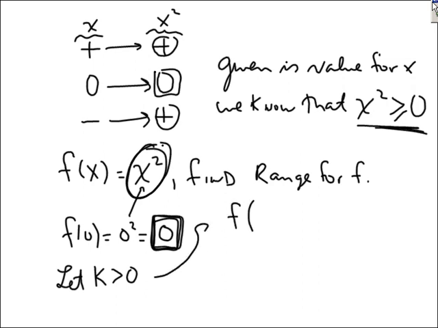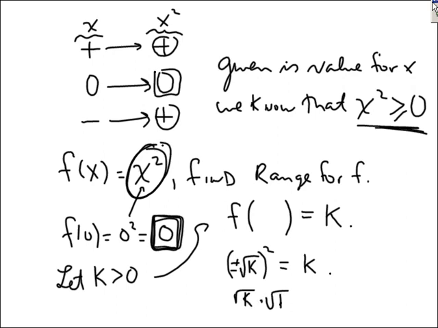Can we find f of something that gives you K? Can you find something that when you square it gives you K? In fact, you should be able to find two answers. The answer is square root of K. The square root of K times the square root of K is K.